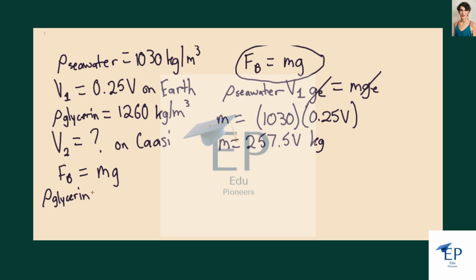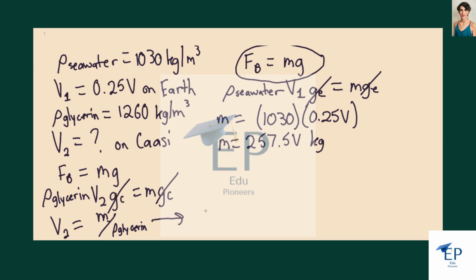And this is going to be times V2 times the acceleration due to gravity on this new planet Caasi equals mass times the acceleration due to gravity on, again, Caasi. So this, again, can be canceled out, and we're finding V2. So V2 can simply be the mass divided by the density of glycerine.